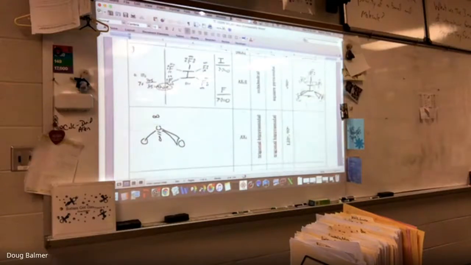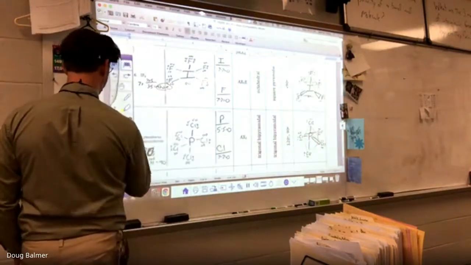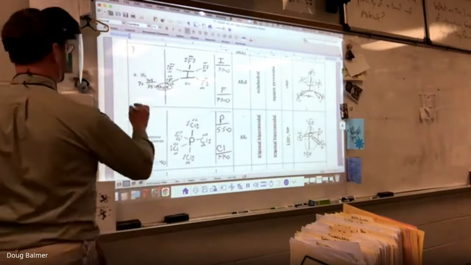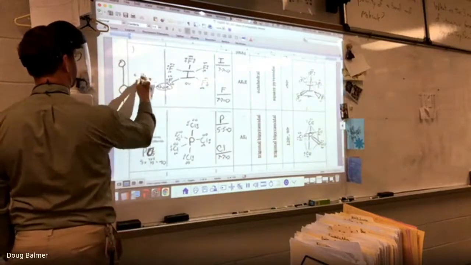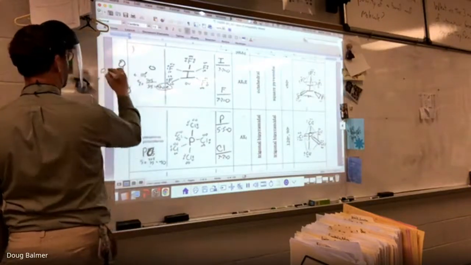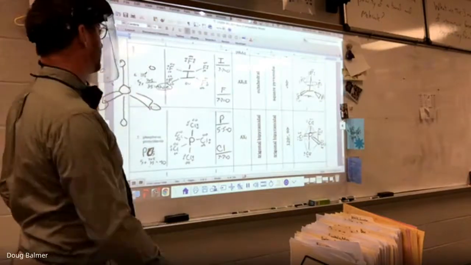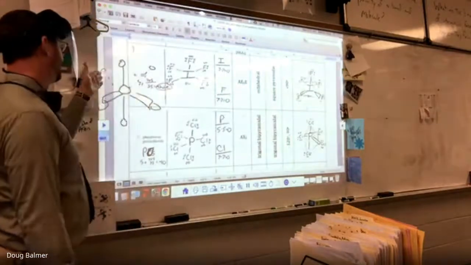All right, here is 6 and 7. So number 6, we have 6 things attached, so that would be that octahedral shape. But now, because one of those things is an electron pair, it doesn't really matter which one of these we get rid of.